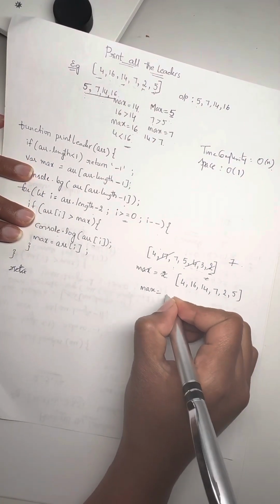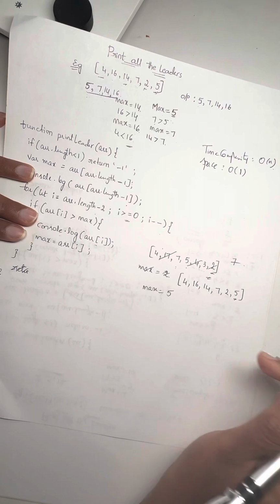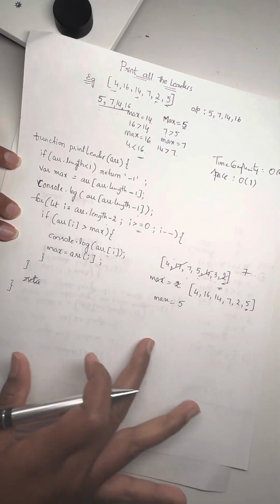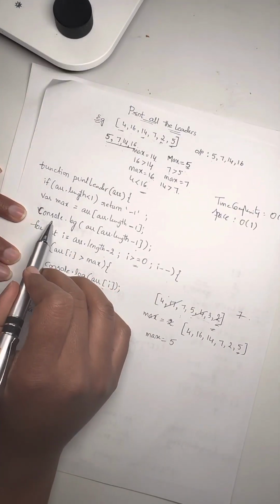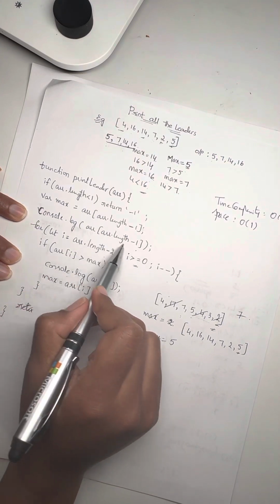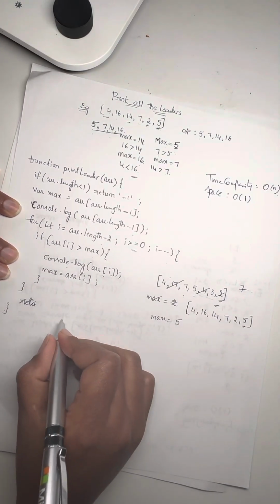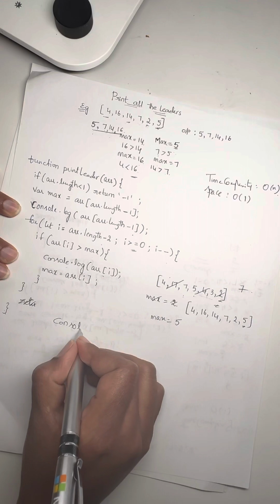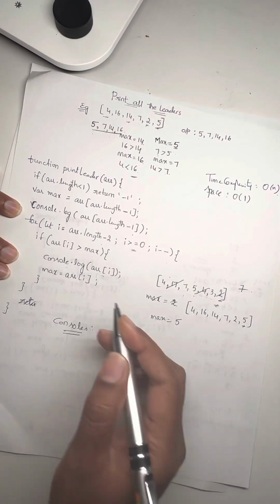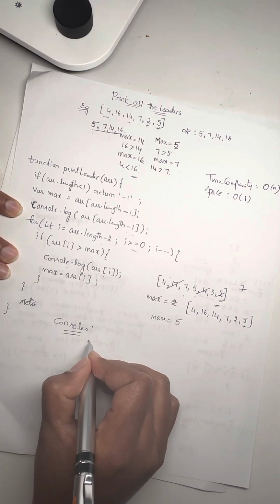So the max becomes 5, which is the last element, and we are going to console the last element. Then let's write all the consoles here. We are going to console 5.